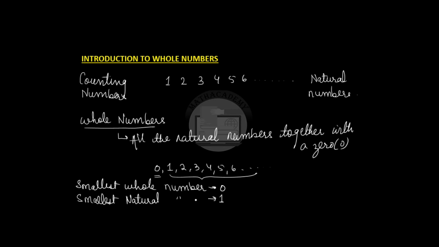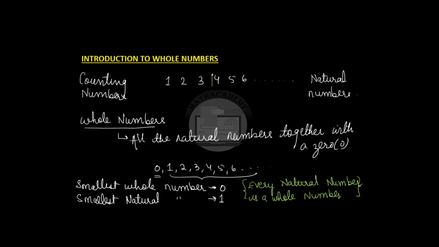So 1 is the smallest natural number and 0 is the smallest whole number, and we can also say that every natural number is a whole number. Let us see how. Let us take a natural number.